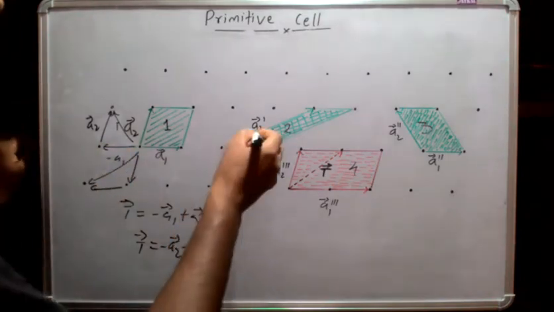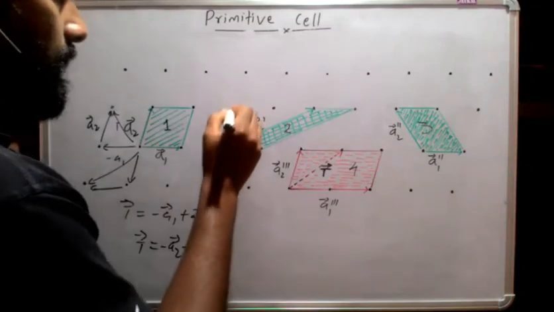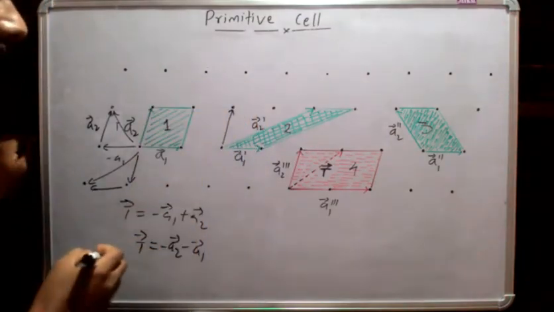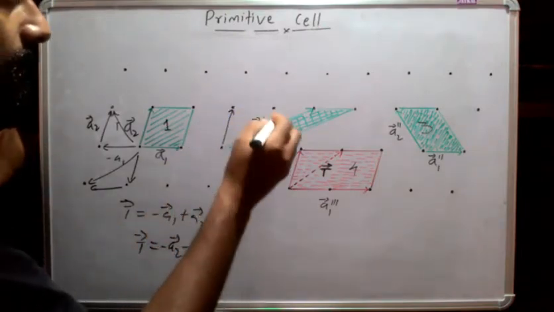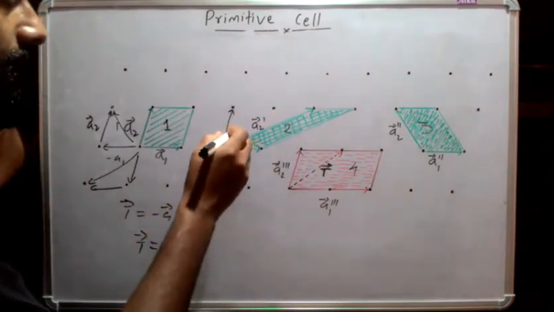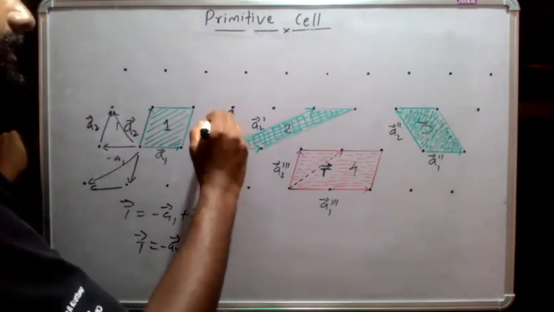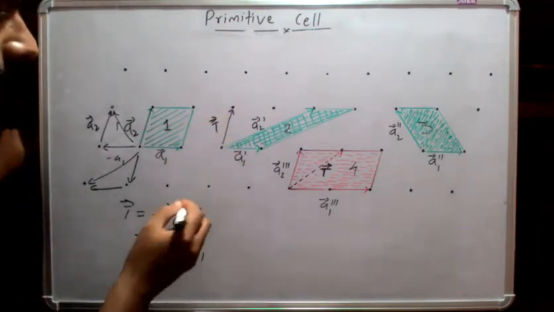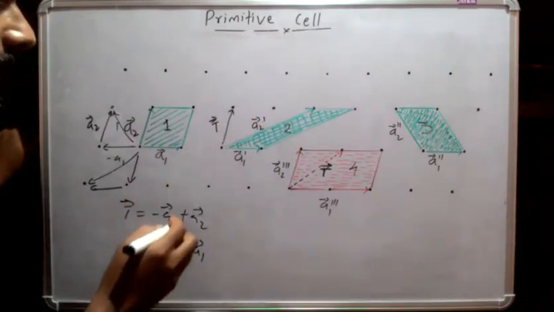In the same way, if I select this lattice point, then I can write the translation vector T by using the primitive axes A1 and A2.